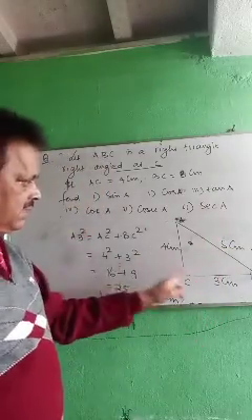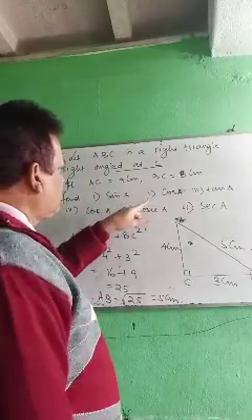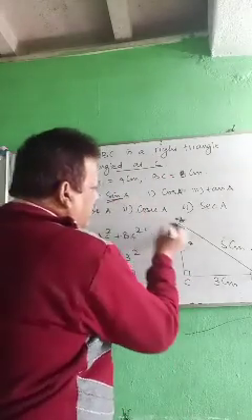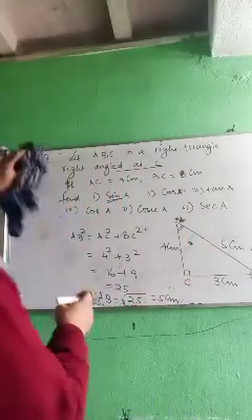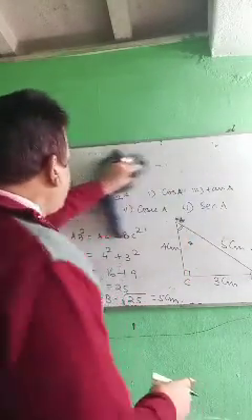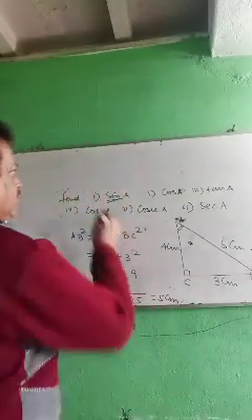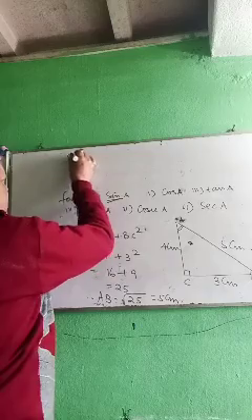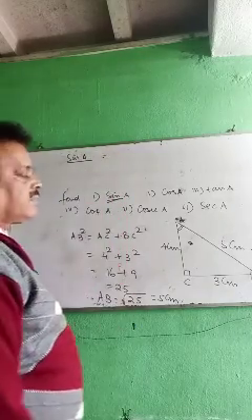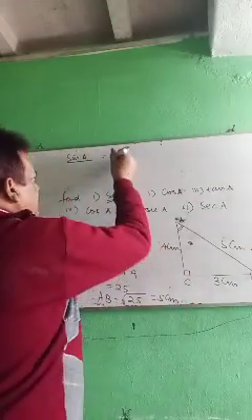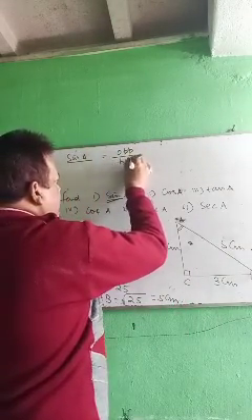That means we got this side 5. Now look at here, 3 sides you got. Now which angle you are taking? Sin A means you are taking A angle. Okay, now listen. So when you want to find sin A, how to remember? Sin A formula is opposite by hypotenuse.